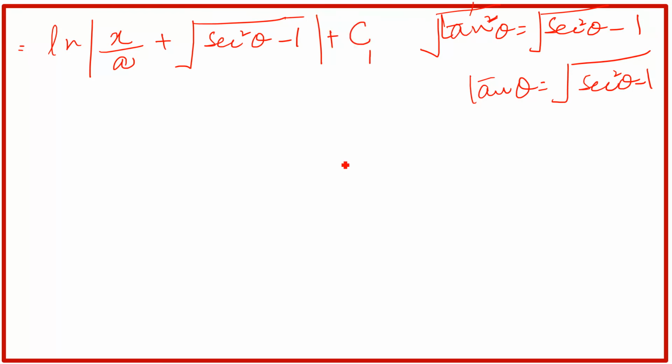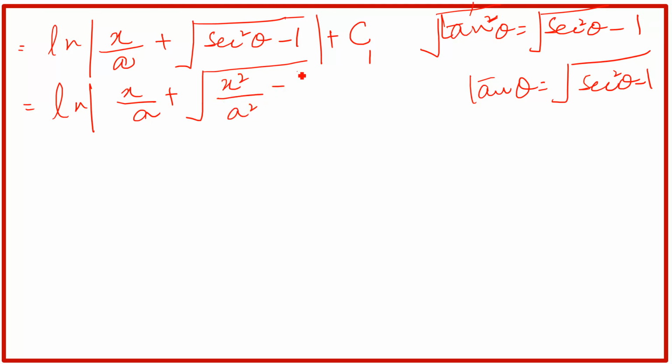I will write down C1 here. Okay, now natural log of x over a, and then secant square. So the value of secant is x over a. It will be x square over a square minus 1, plus c1. See, it is in fraction.